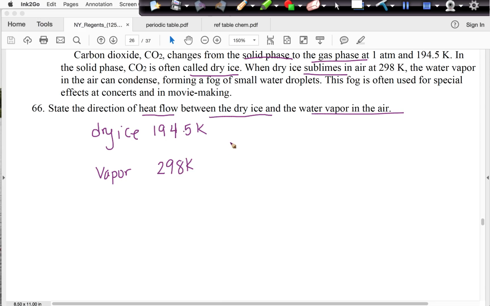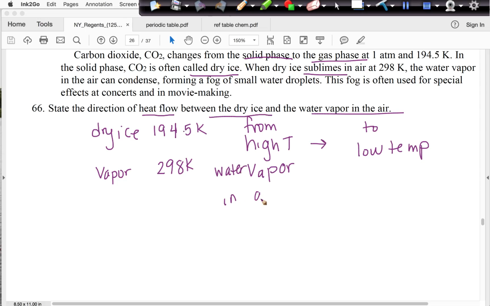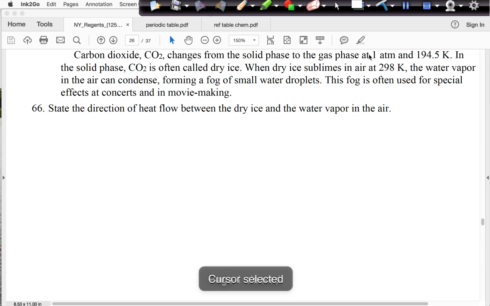So the heat will always flow from high temperature to the body with low temperature. So it's from the water vapor in the air to the dry ice. Heat always flows from an object or a body of high temperature to an object or a body with lower temperature.